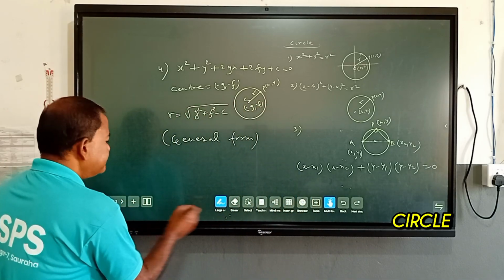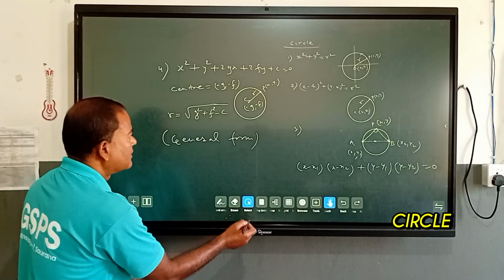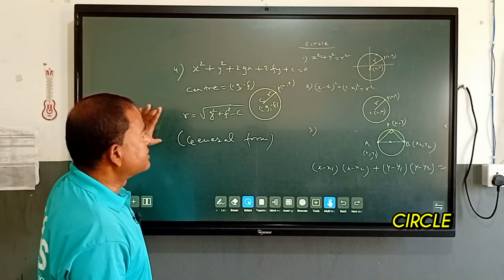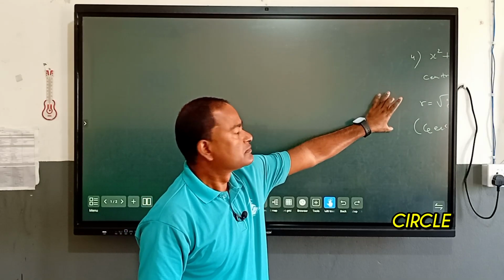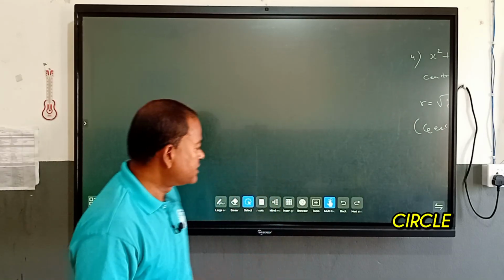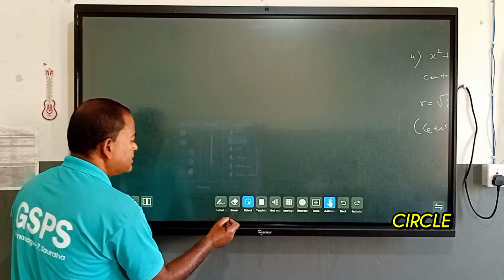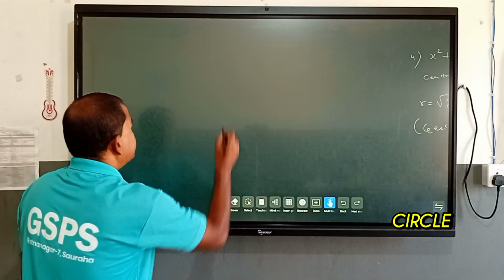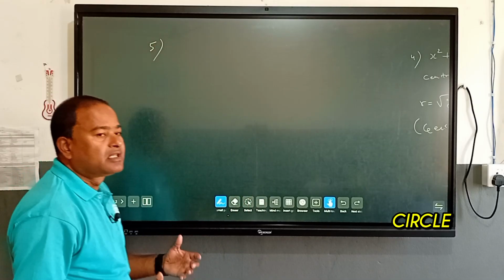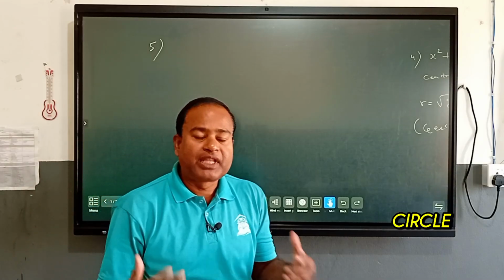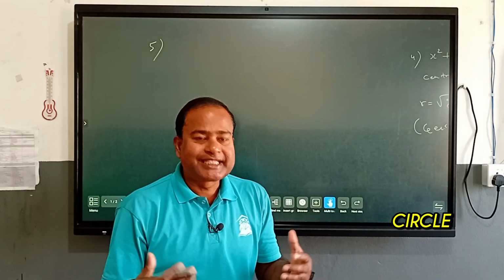Dear students, now let's discuss the different conditions to find the equation of a circle. First, let's give it number 5: how to find the equation of a circle when a circle touches the x-axis.